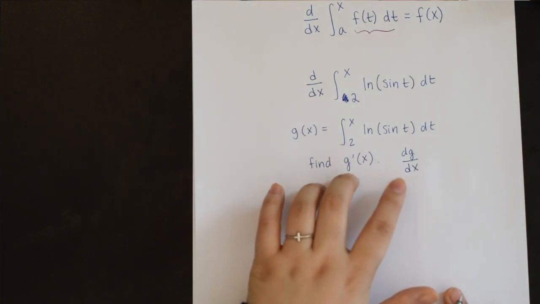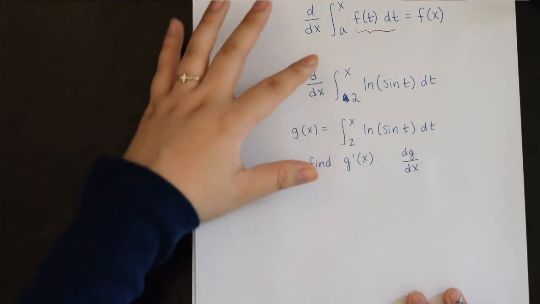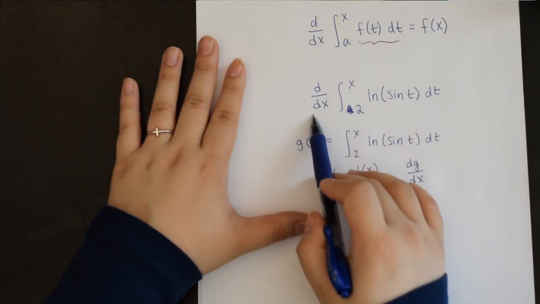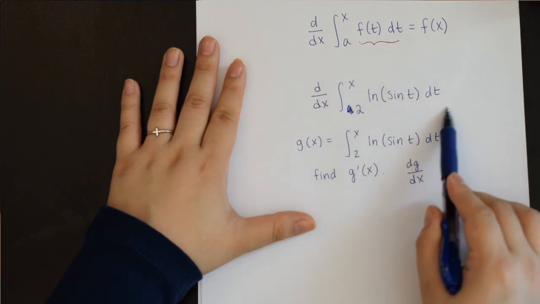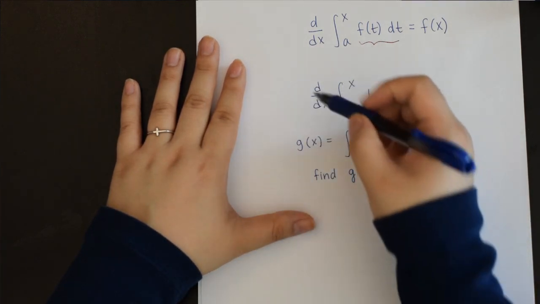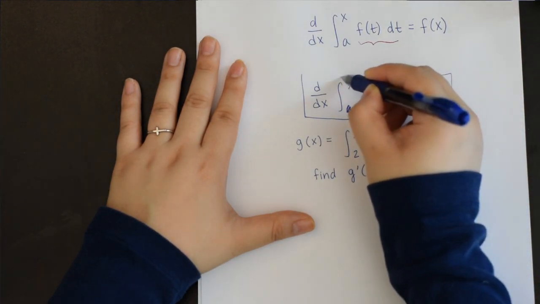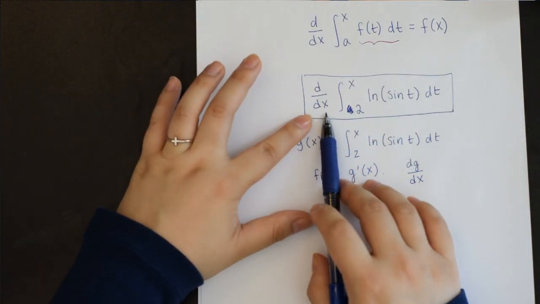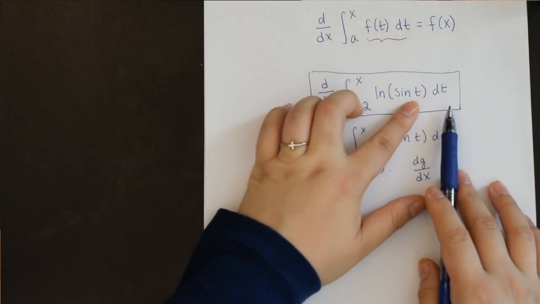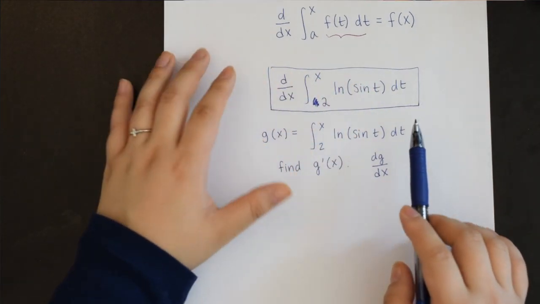Okay, all different notation for the same thing, but this is the core thing that we're trying to find: the derivative of this integral with respect to x. And so t is just like our placeholder variable.